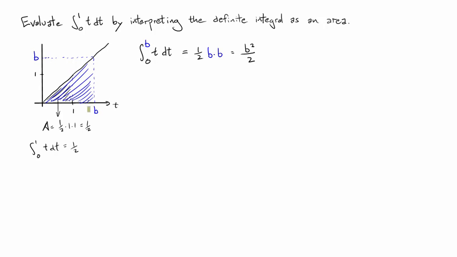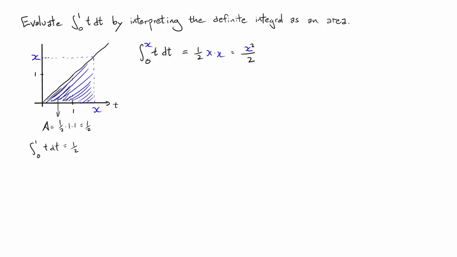So let me just highlight every instance of b, and then replace it with the letter x. Okay, so we have an x here and an x here. We'll replace these with x times x, and so now we get x squared over 2.